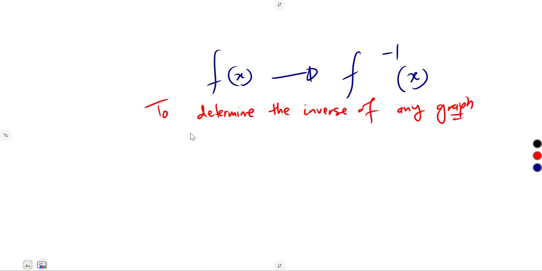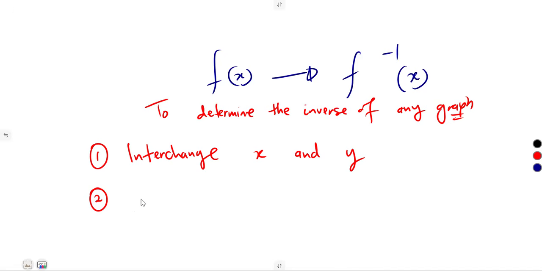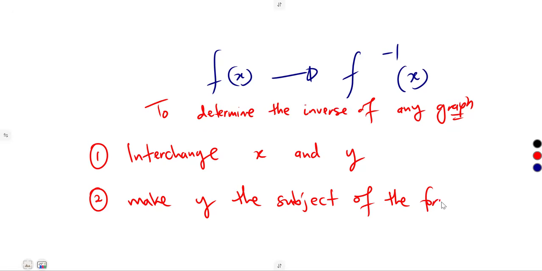One, we first interchange x and y. From that equation that you're given, please interchange what? X and y. Then from there, you make y the subject of the formula or equation.